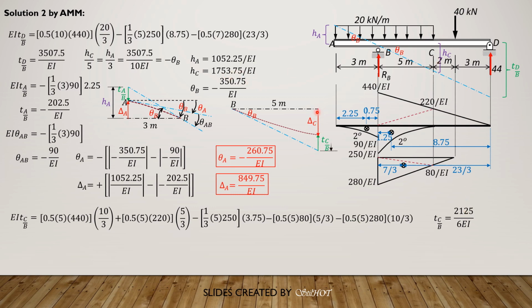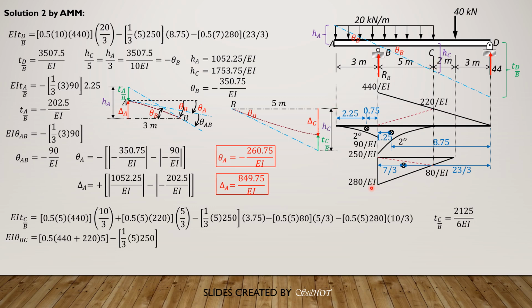So the entire vertical distance here is 1,753.75, and this is only 2,125 over 6, which is roughly 300 something. So therefore, this is the deflection at C, which is below the original x-axis, so it is negative. So that's delta C, which is below the x-axis, so that's negative. The entire value of this is delta sub C, which we already computed.